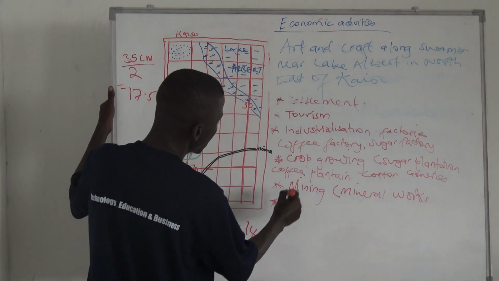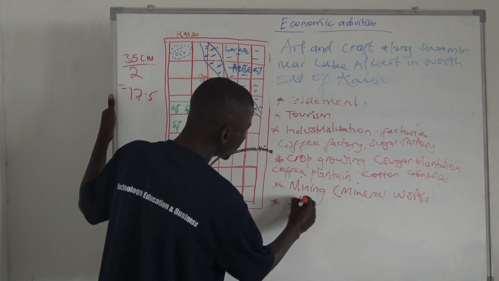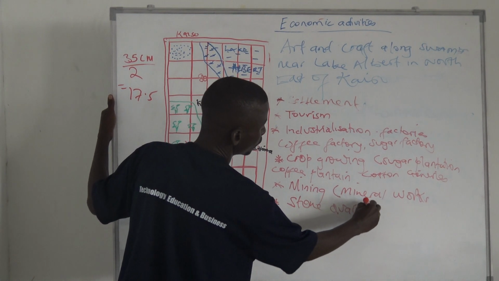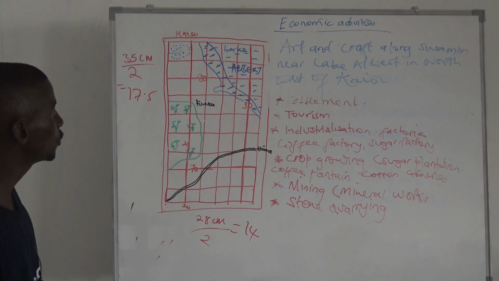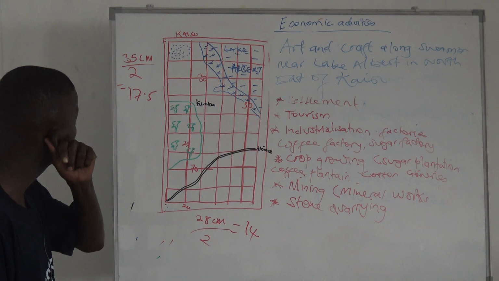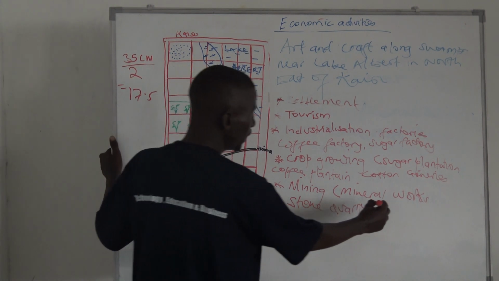This can go hand in hand with stone quarrying, which is also one of the economic activities that takes place in different places. The evidence is a quarry.